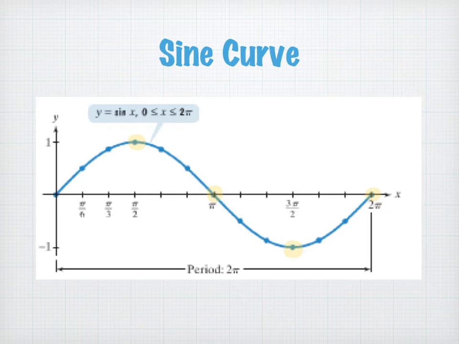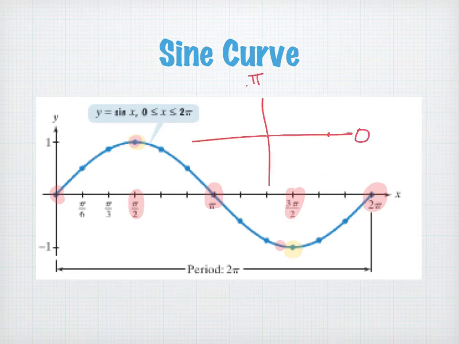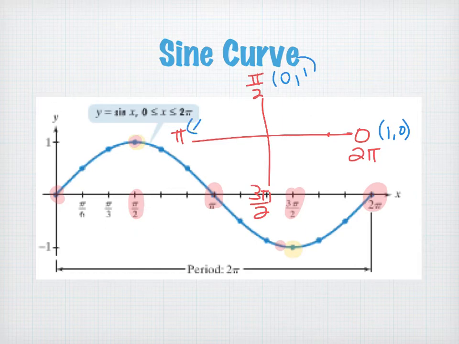Those key points happen for my initial sine curve at pi over 2, pi, 3 pi over 2, and 2 pi, the quadrant angles. So this is where it starts at 0, goes up, down, down, up. If you overlap this with your unit circle, this is 1, 0, this is 0, 1, this is -1, 0, this is 0, -1.